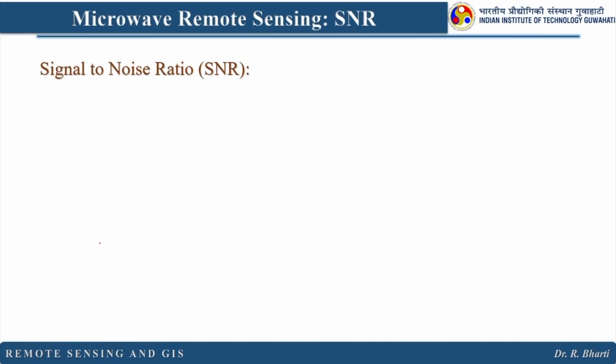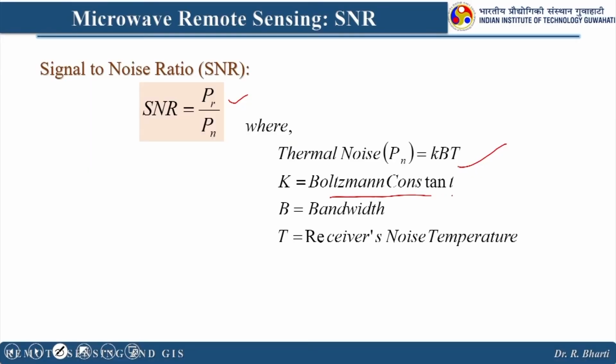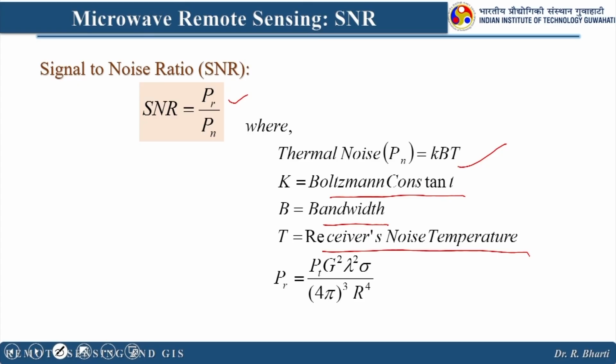Now, the signal to noise ratio. This is very important to assess the strength or the quality of your signal. Here the signal to noise ratio is calculated using PR divided by PN. PN is KBT, where K is the Boltzmann constant, B is your bandwidth, and T is the receiver's noise temperature, and PR is the signal that we have already discussed in the previous slide.